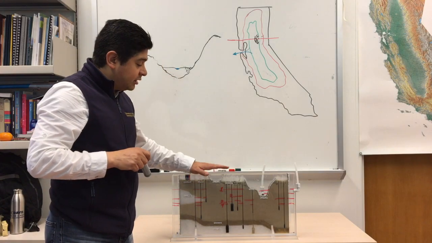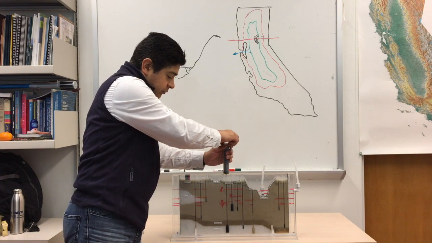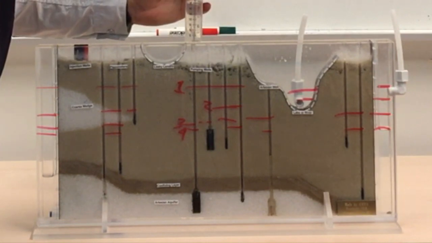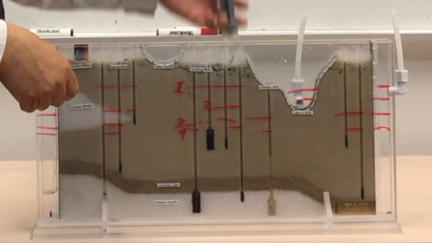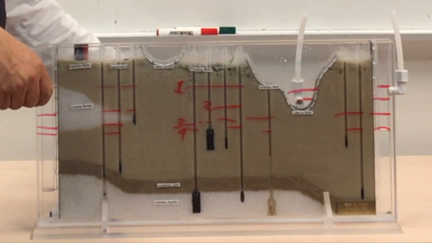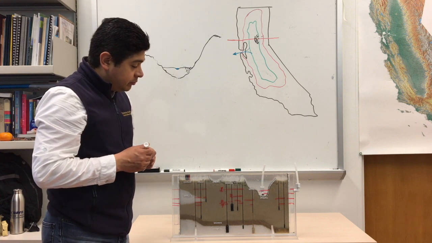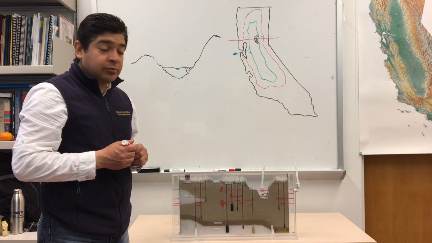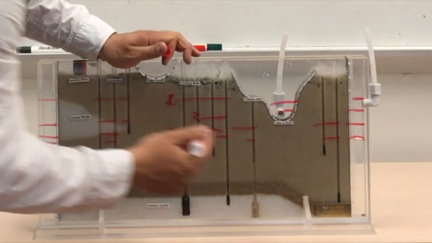Now let's start pumping water out of the deeper aquifer. In this case, we were able again to extract water, but as you can see, the levels in both the upper and the lower aquifer keep falling.